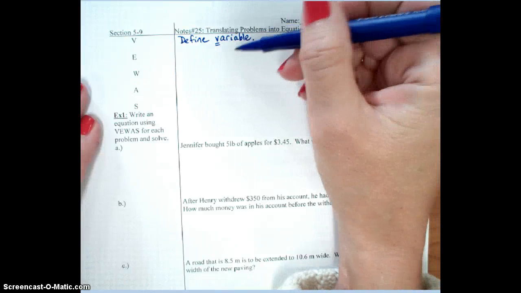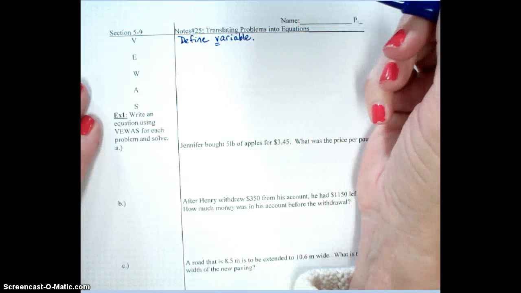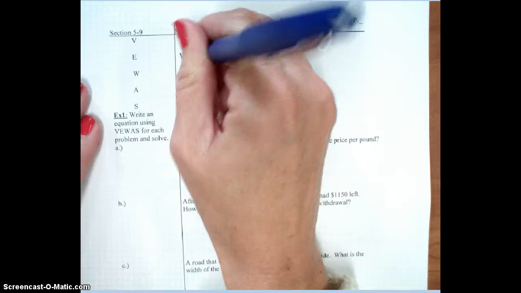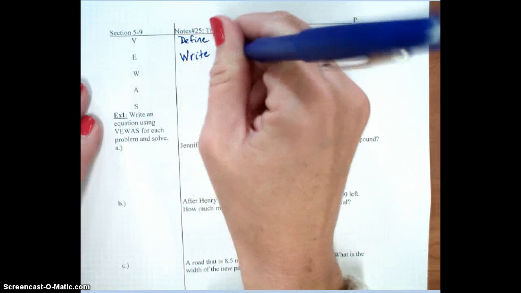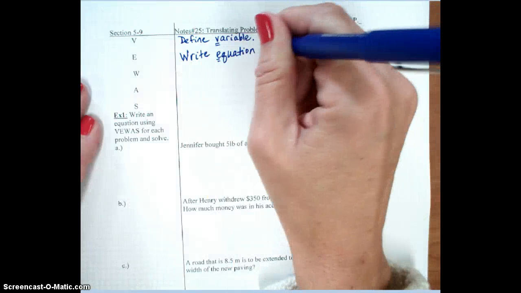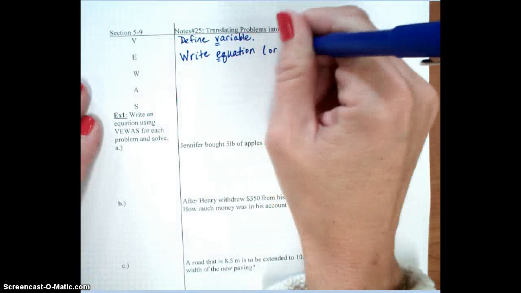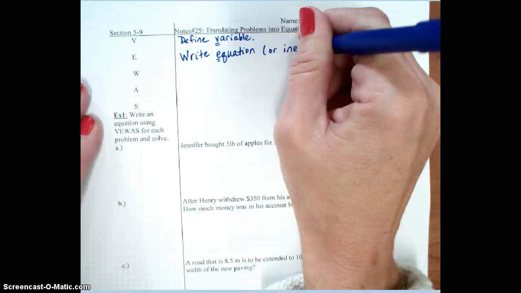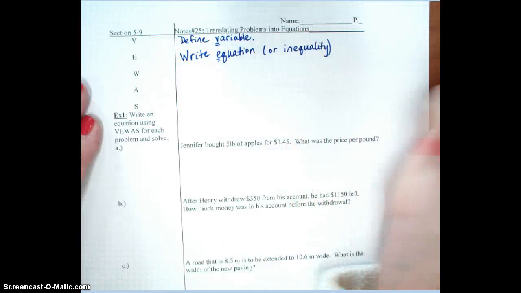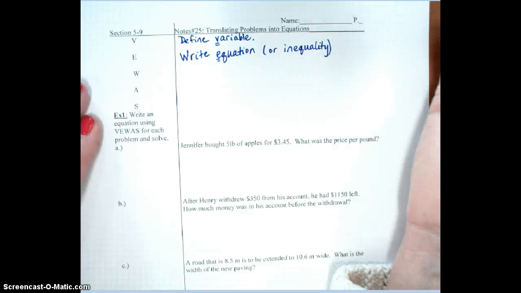And then the E is for equation, so you're going to use your variable to write an equation. Or sometimes you need to write an inequality based on what the question is asking for.